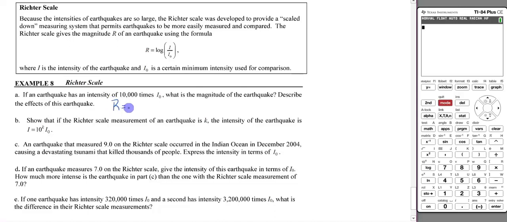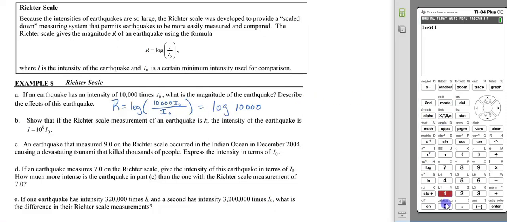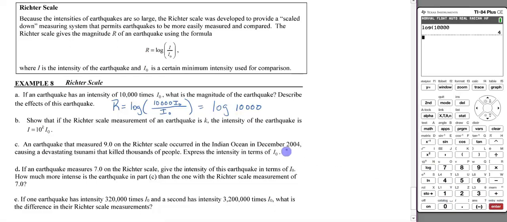The R is going to be the log of 10,000 times the minimum intensity divided by the minimum intensity, which is the log of 10,000. And the log of 10,000, if you want, you can put into your calculator, is going to be 4. So this would be a 4.0 on the Richter scale.